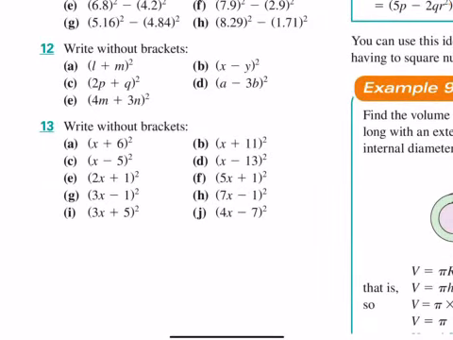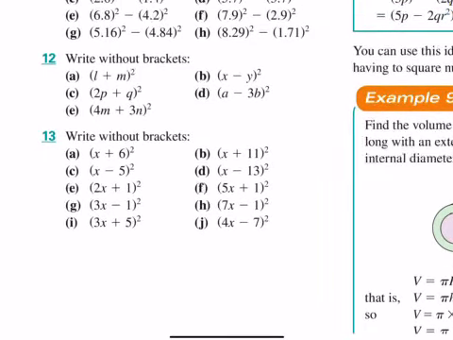Right, without brackets. There we go. x plus 6 squared: x squared plus 12x plus 36. You just look at it and know the answer.